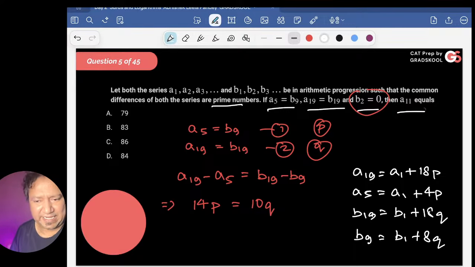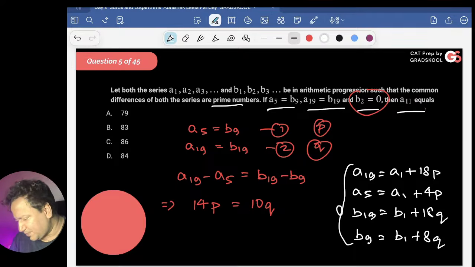So I did not write that because that should be common sense. Now this also gives you an insight. You can do this and get the correct answer and spend, let's say, 30 seconds more, which could have been saved if you understand that if I take the difference of any two numbers of an arithmetic progression, that difference will always be some multiple of the common difference.